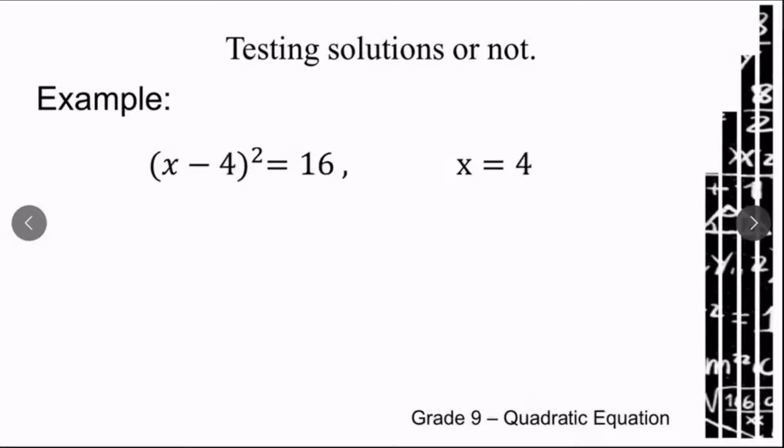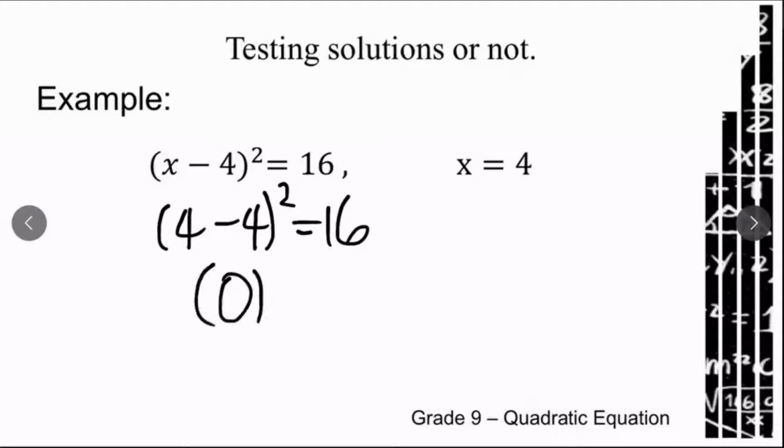Okay, let us have another example. Example number 3. Once again, you can pause this video and try it out. Test whether 4 is a solution of the given quadratic equation or not. Let us solve. We have x = 4, so substituting it, we have (4 − 4)² = 16. 4 minus 4 is 0, squared is equal to 16. 0 squared is 0, which is equal to 16.